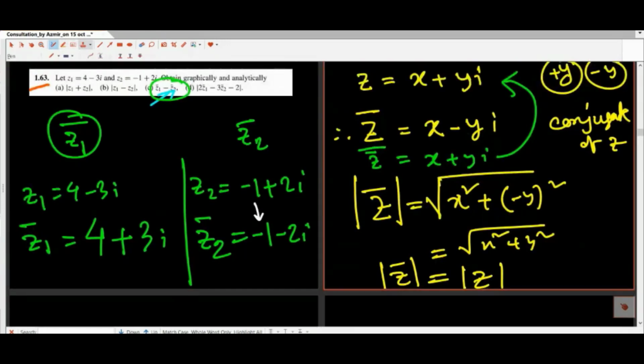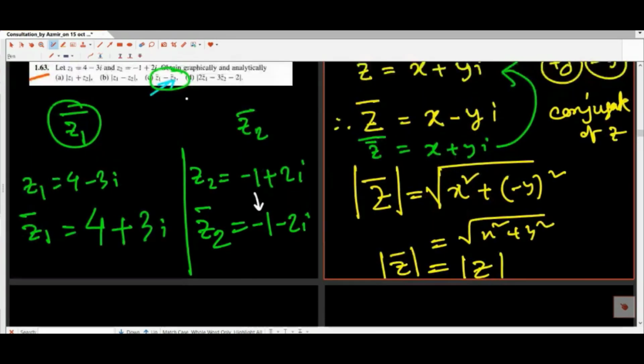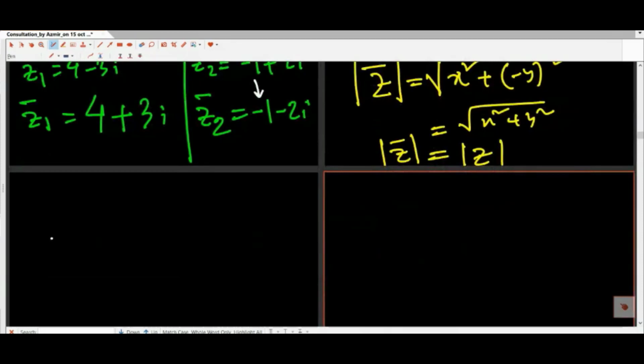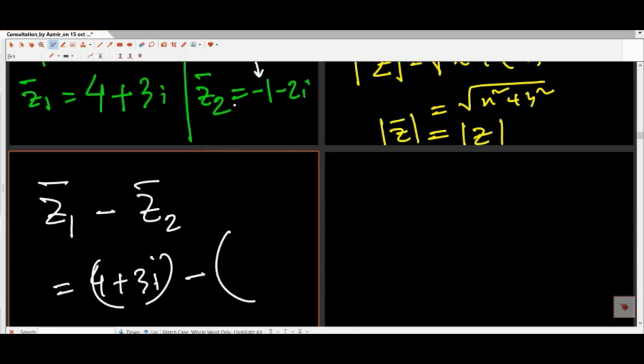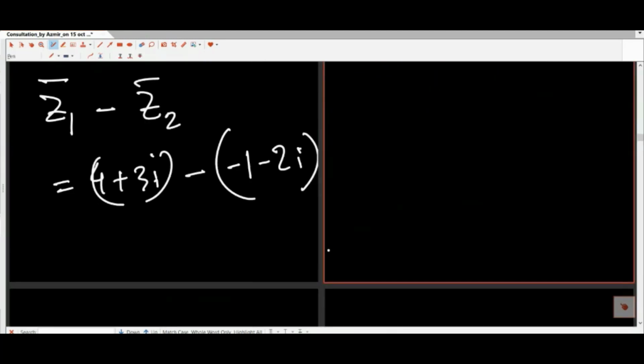Now we have to subtract z1 bar minus z2 bar. So this is very easy. Z1 bar minus z2 bar, that is 4 plus 3i. This is z1 bar. Negative z2 bar is minus 1 minus 2i.